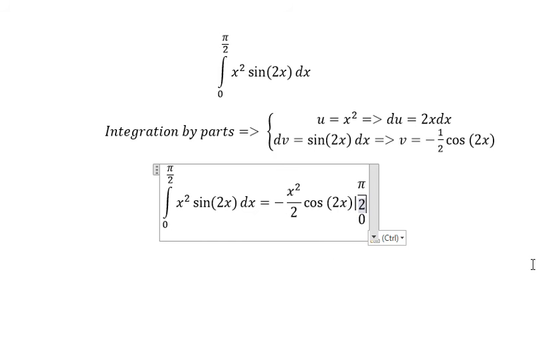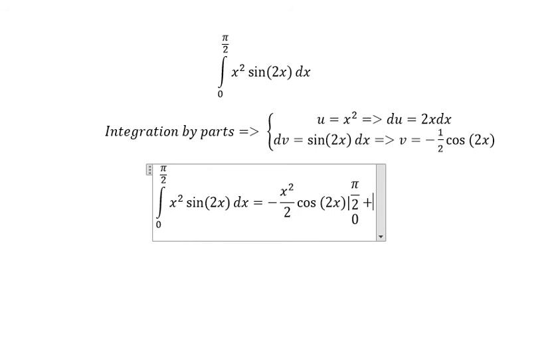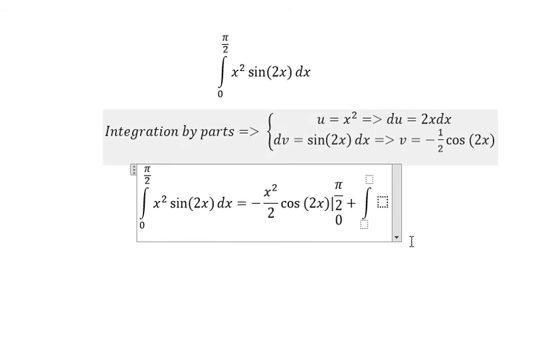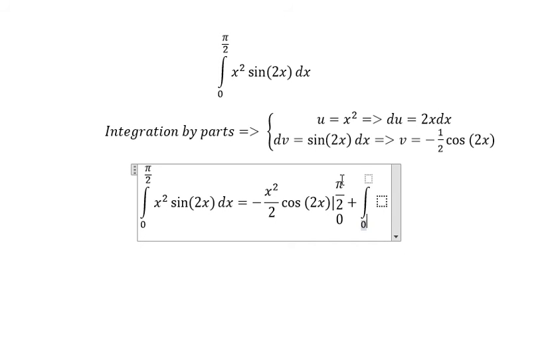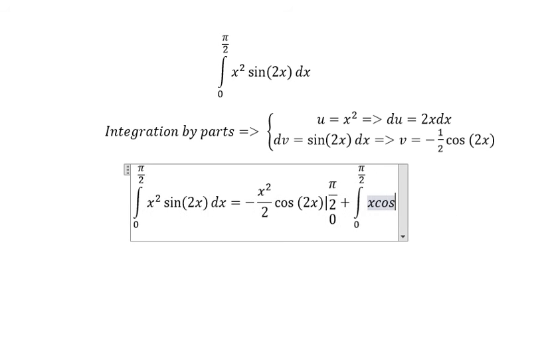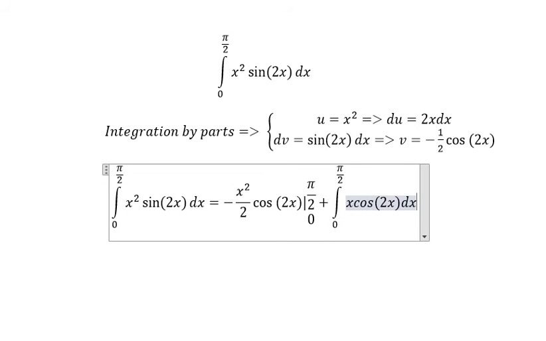Because we have the negative, we have the positive near the integral. The 2 and 1 over 2 will eliminate, so we get the integral of s cosine 2s ds.